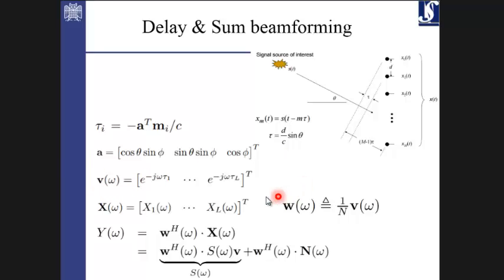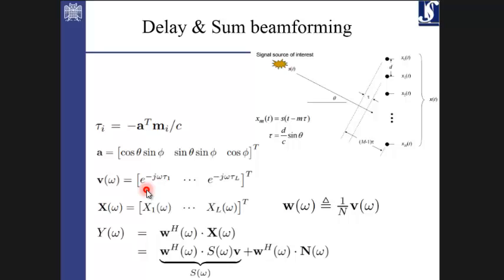So if you line up a vector, which is called V, or the array manifold vector, which represents the time shifts, we know that shifting in the time domain corresponds to e to the power of j omega tau, or j phi, in the frequency domain.